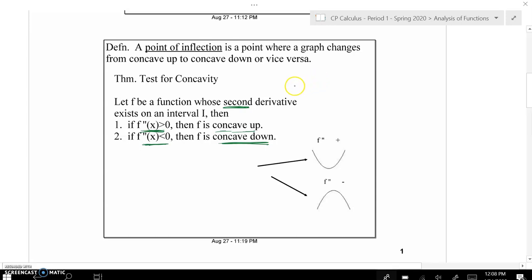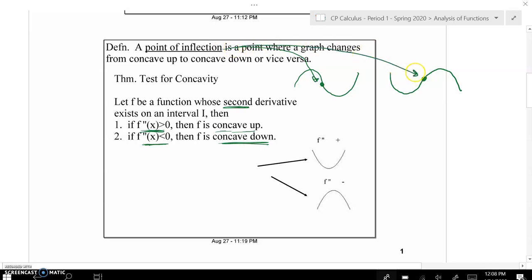And again, just to show it graphically, you have this situation here, concave down transitioning to concave up, or this situation here, concave up transitioning to concave down. Where does it happen? It happens there, and that's your point of inflection.